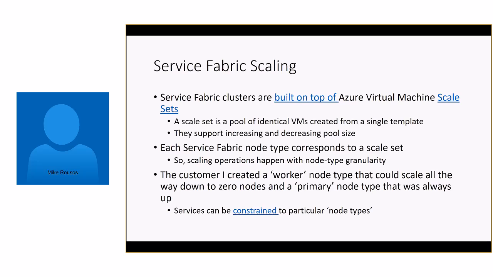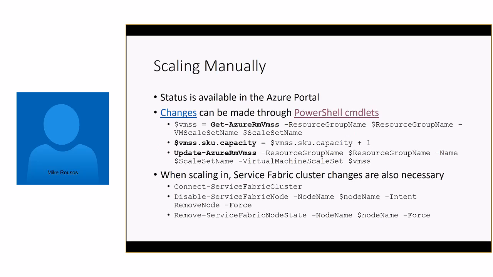The first thing we looked at was the simplest way to scale, which is to work with the VM scale set directly through PowerShell commandlets. I've got a few examples on this slide, but you can go check out the docs. It's pretty well documented that there's the Get-AzureRmVmss commandlet, which will give you a VM scale set, and then you can interact with it.